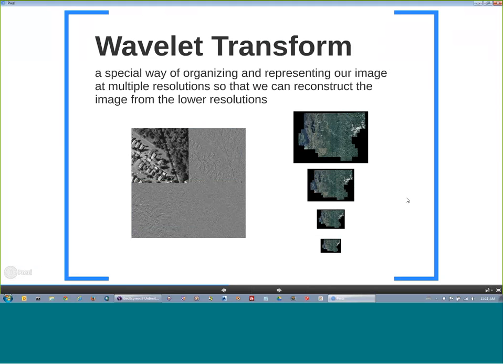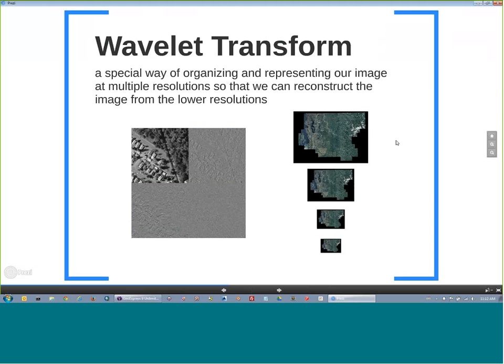So here we have wavelet transform. Now, wavelet transform is basically an algorithm that gives us a special way of organizing and representing our image at multiple resolutions, for one thing, such that we can reconstruct the image from the lower resolution icon.